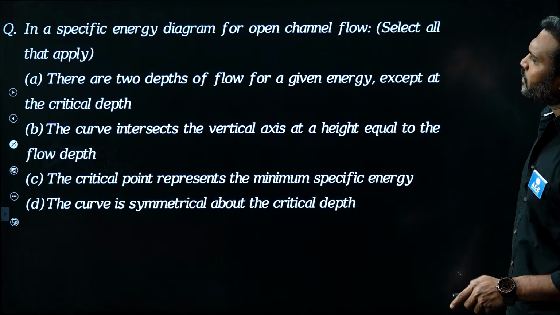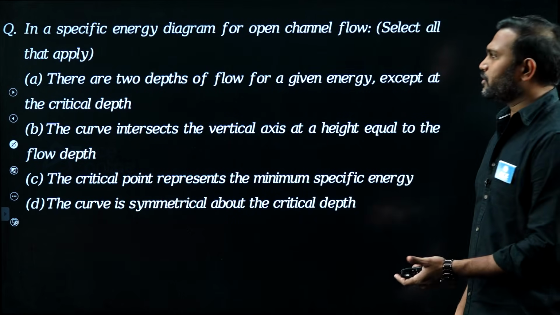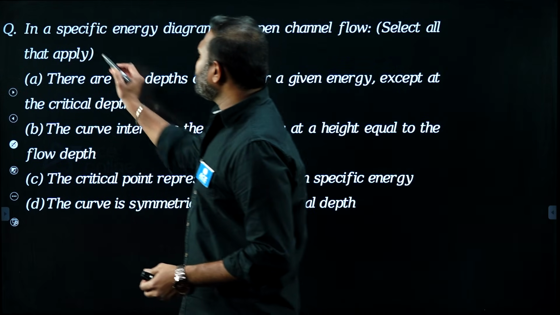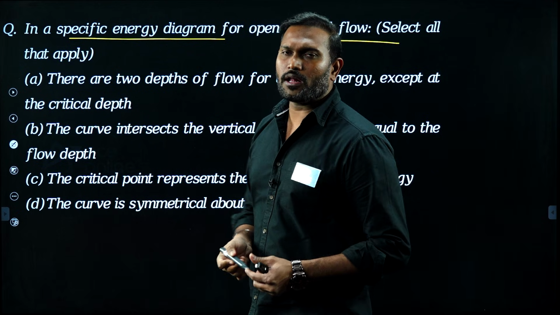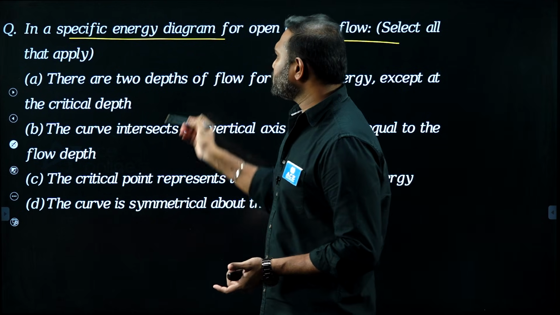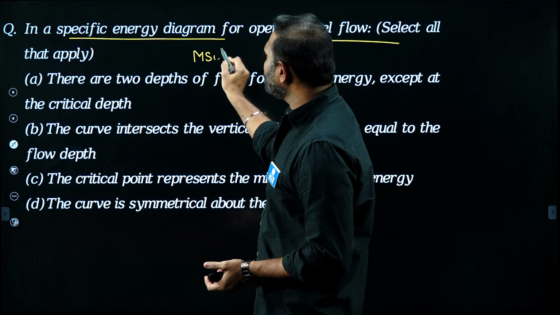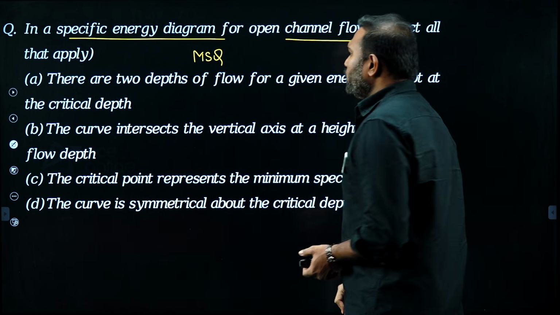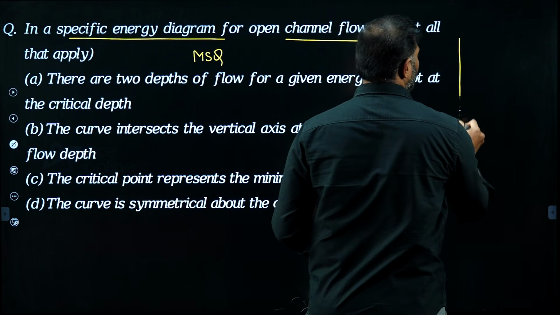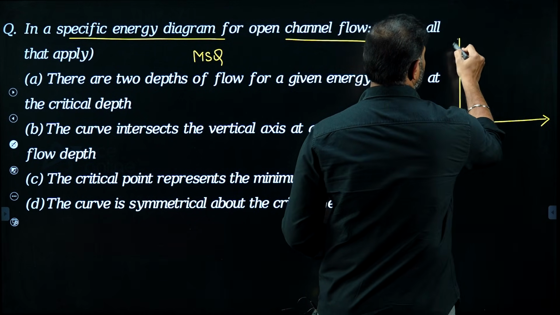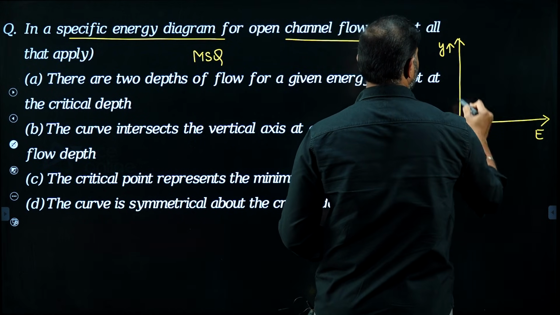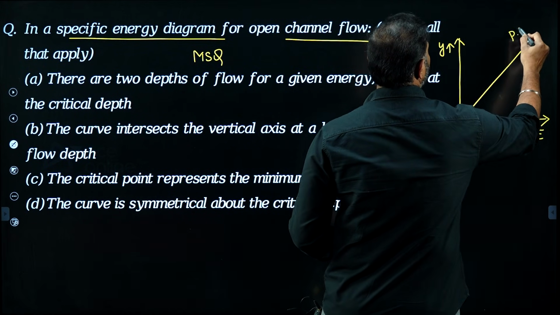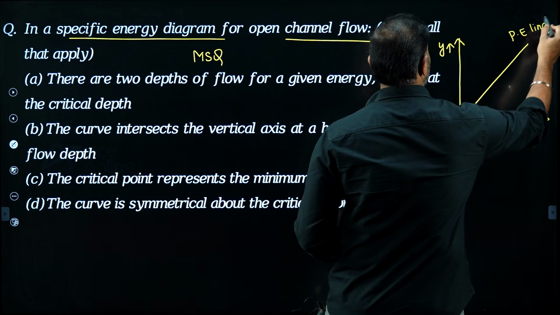Now this question is an MSQ. In a specific energy diagram for open channel flow, select all the statements that apply. If you look at the specific energy curve, E versus y, the line is called the potential energy line.